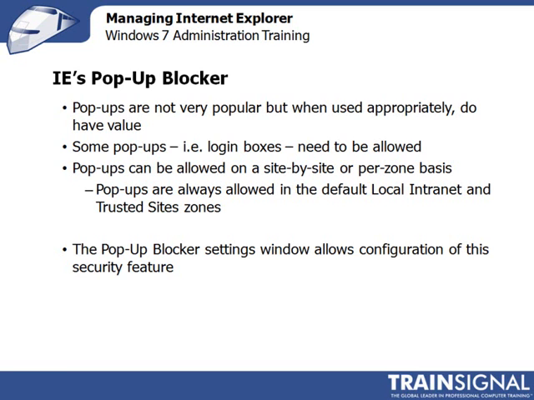You can allow pop-ups on a site-by-site or a per-zone basis. It's important to understand that pop-ups are always allowed in the default local intranet and trusted site zone configurations. So if you've added a site to either the local intranet or trusted site zones, then pop-ups are going to be allowed. There is a pop-up blocker setting in Windows that allows configuration of this security feature, and we'll take a look at that right now.